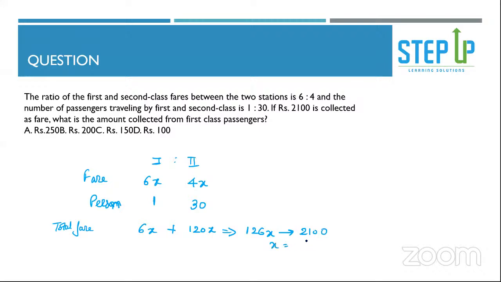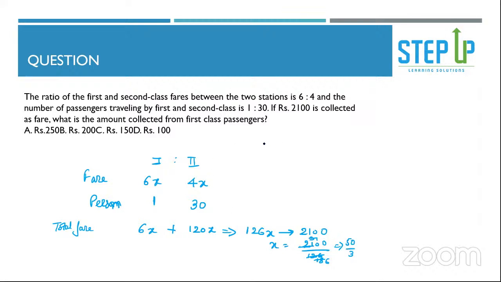And x is equal to what? 2100 by 126. Is this number divisible by 3? 100 by 6 is 50 by 3.